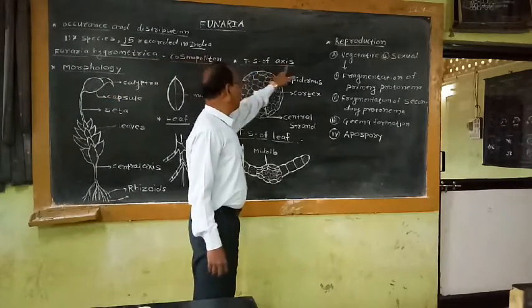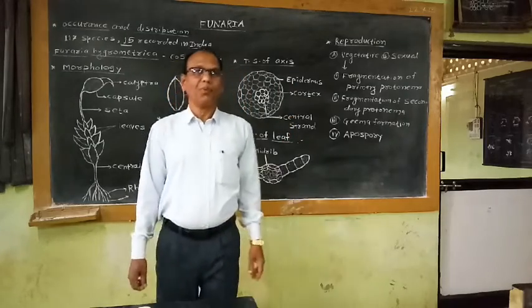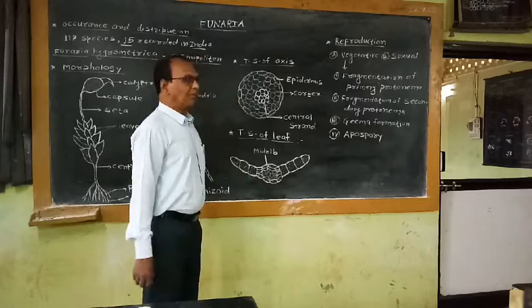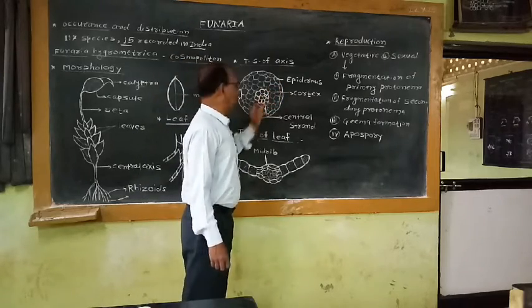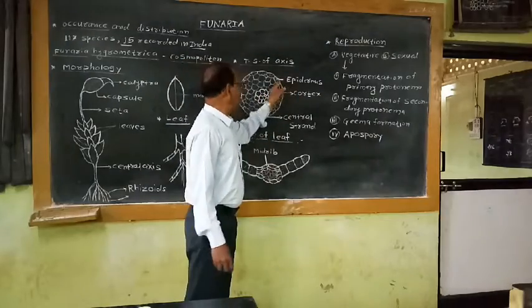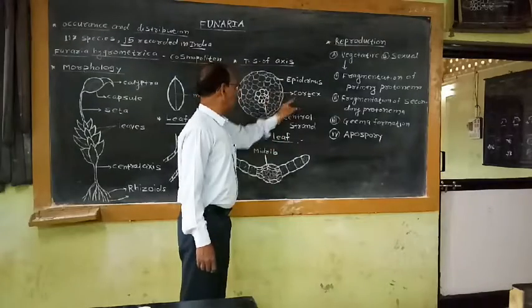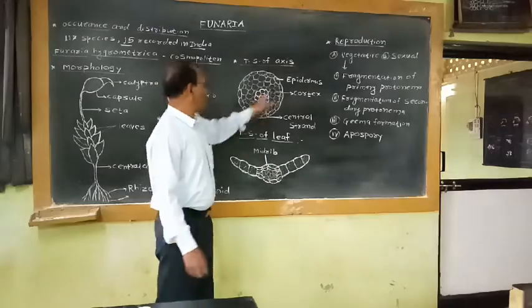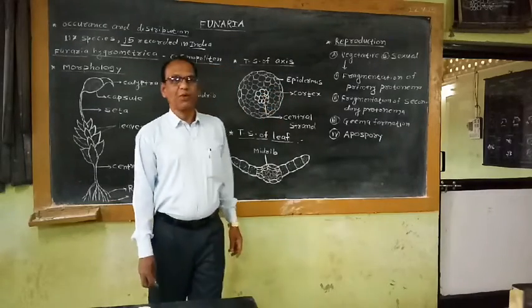Then, if we observe the transverse section of main axis of Funaria, it shows three distinct regions. First region is known as epidermis, second region is known as cortex, and third region, central region, is known as central strand. So first region, epidermis, is the outermost protective covering.